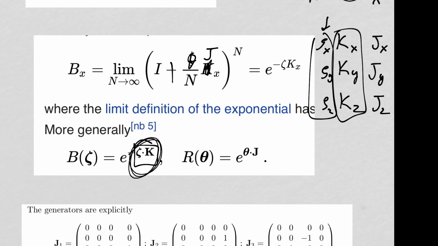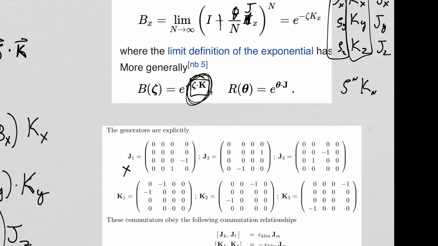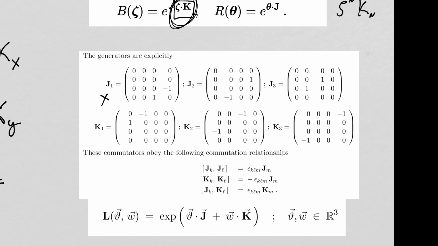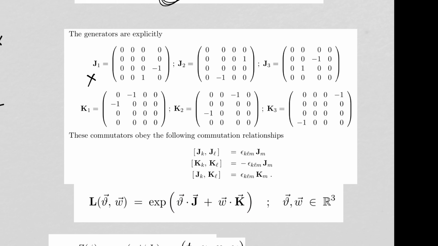An alternative form would be to use Einstein summation notation, right? Like that, which I think somebody does later on. But here's another convention. In this convention, everything is positive, right?